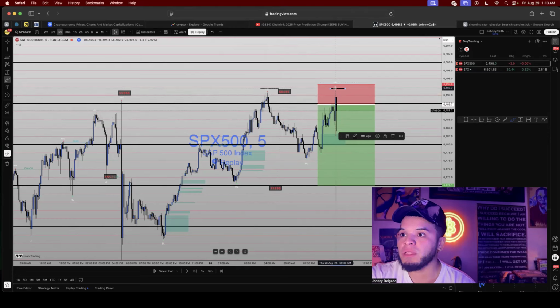Now, if we would have done something like this, we broke, retested the higher highs, and then we would have had to move like this. But clearly, we didn't. Because you want to understand something, guys. The market moves in waves. We have higher highs, higher lows, higher highs, higher lows, etc. And what makes the move valid is as long as we don't break our takeoff zone.